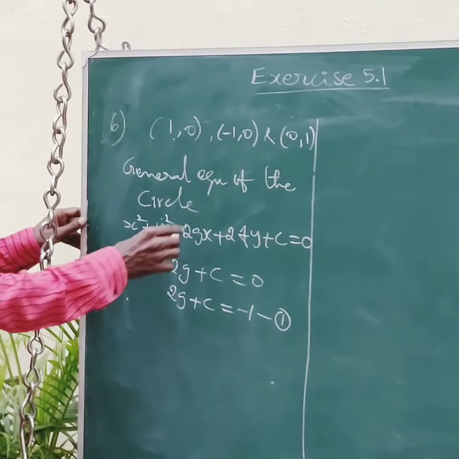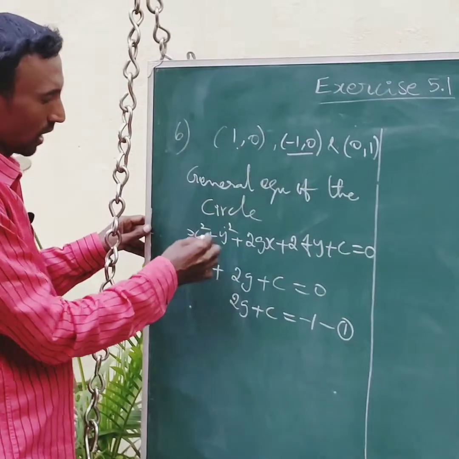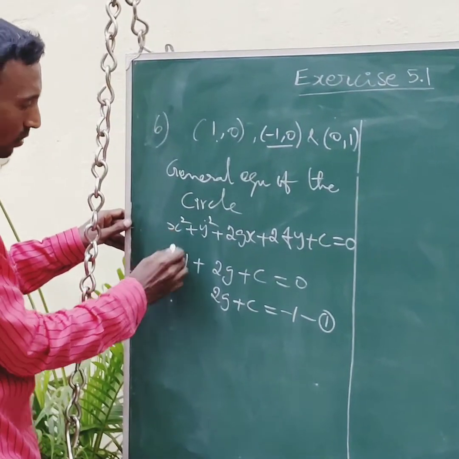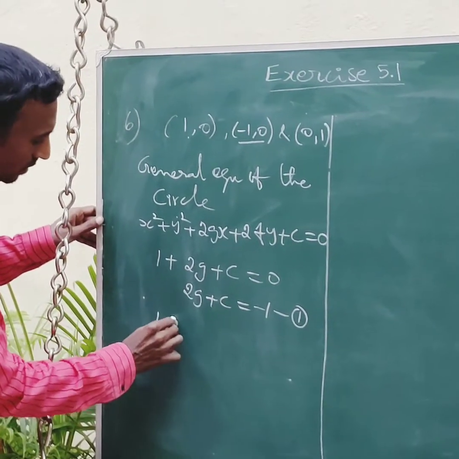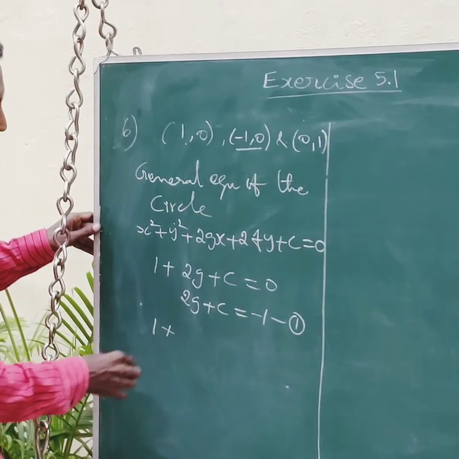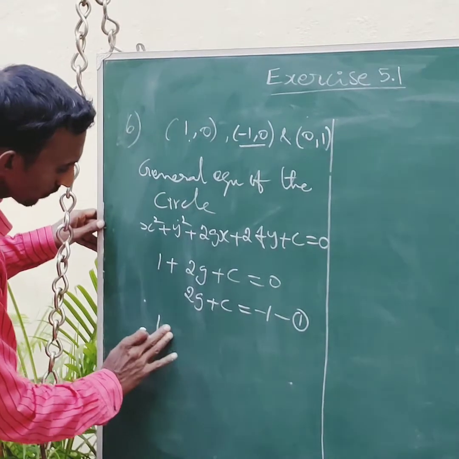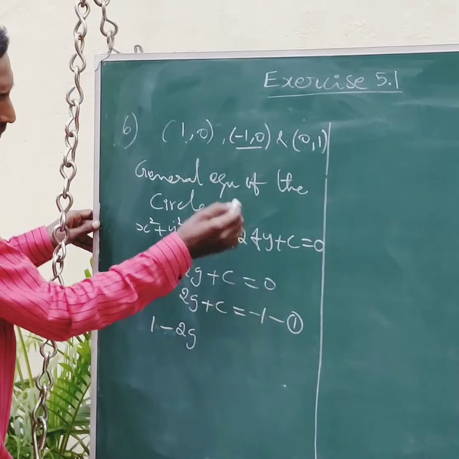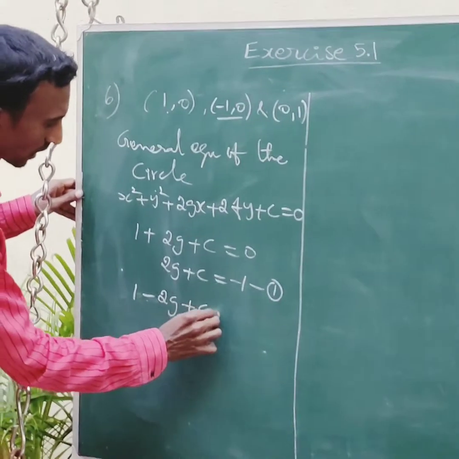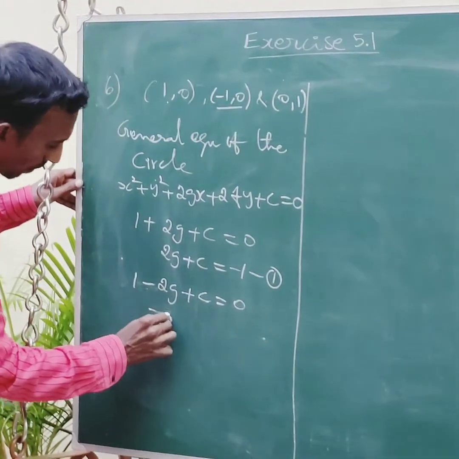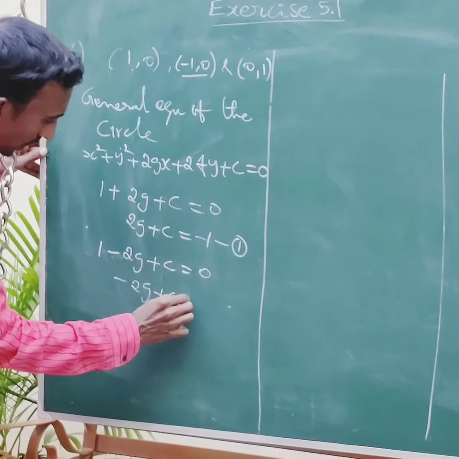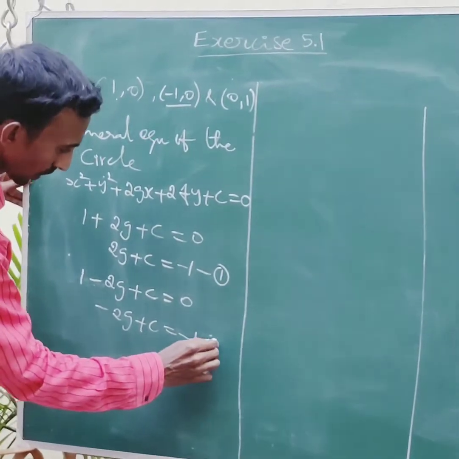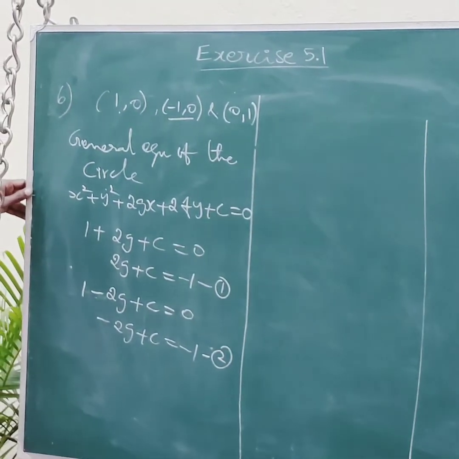Similarly, replace the second point in the same equation: (minus 1) the whole square is 1, the second term becomes 0, the third one is minus 2g, the fourth term becomes 0, and plus c equals 0. So minus 2g plus c equals minus 1. This is equation number 2.